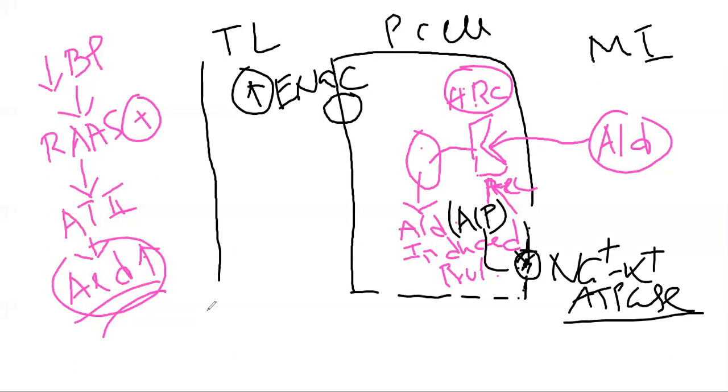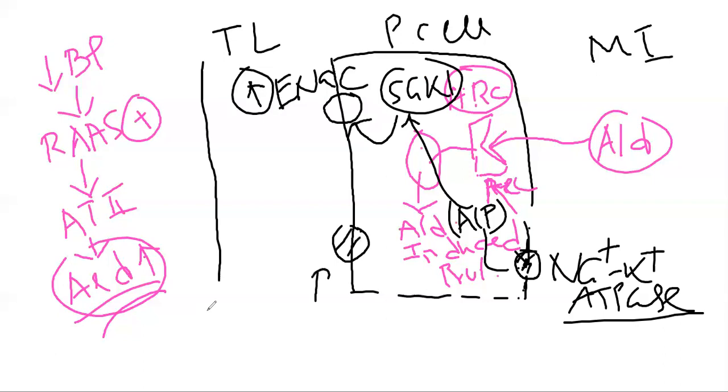The third thing is that this AIP will activate serum glucocorticoid kinase 1, SGK1, which in turn increases expression of the epithelial sodium ion channel at the apical site, and also the ROMK channel, which is responsible for potassium ion secretion into the tubular lumen in the distal part of the nephron.